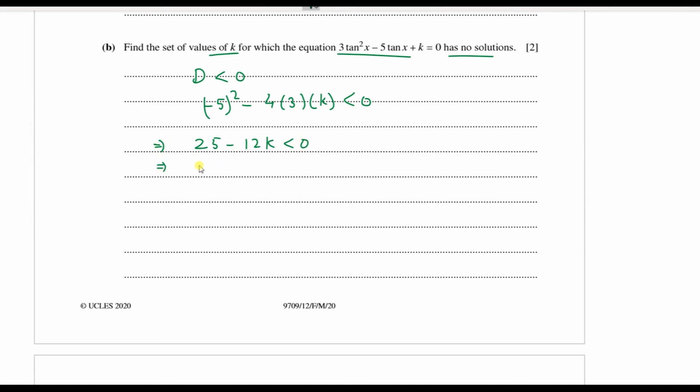I moved the minus 12k to that side, or we can say that k should be greater than 25 over 12. We can write it in decimal also, but that will not be terminating, so we leave your answer here. So in order to not get any solutions, k should be greater than 25 by 12. I hope that is okay.